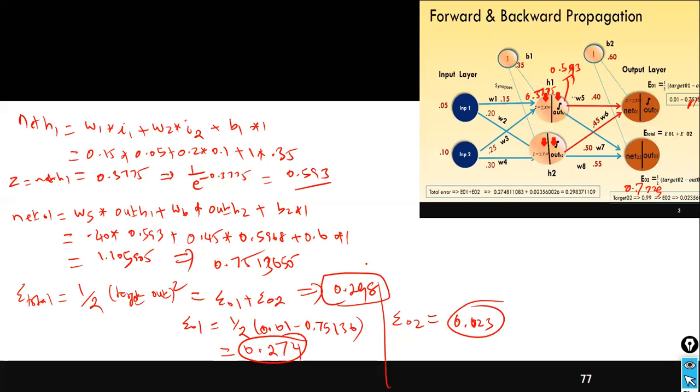Now what we have to do is, this is the error. So the idea here is this error needs to be reduced. This is a cost. This cost function needs to be reduced. And how can it be reduced? Using the gradient descent algorithm. So what we do is use back propagation. We call it back propagation.